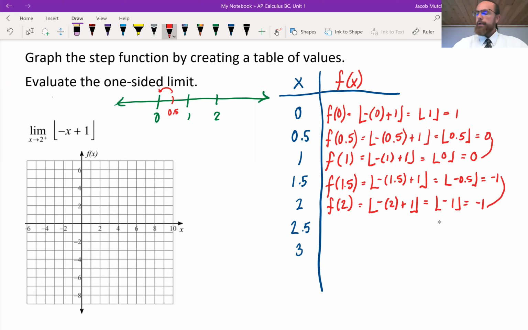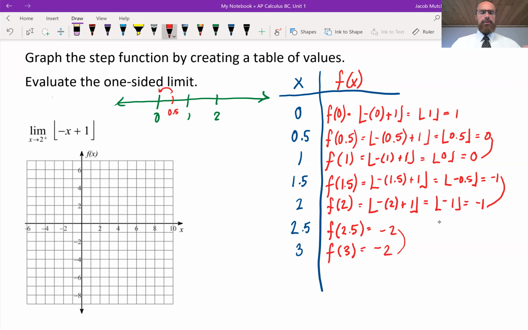So I'm seeing a pattern here, and I can at this point probably predict that f at 2.5 is going to be -2, just based on the pattern I see in my table. What would you predict f at 3 to be? Good, -2 again. So we start to see that with that regular increment of 0.5 in our domain values, each pair of outputs are going to be the same.